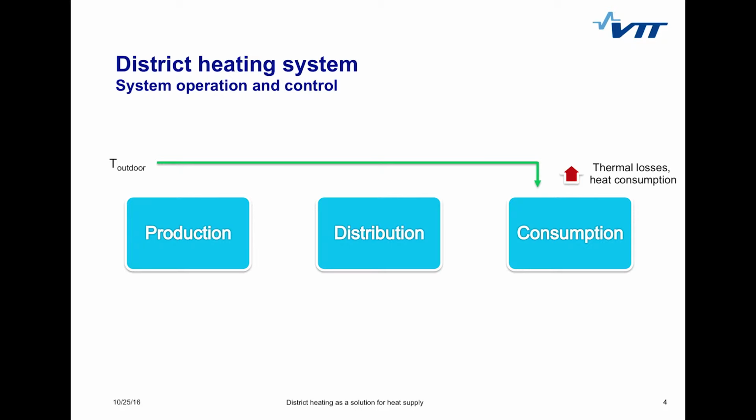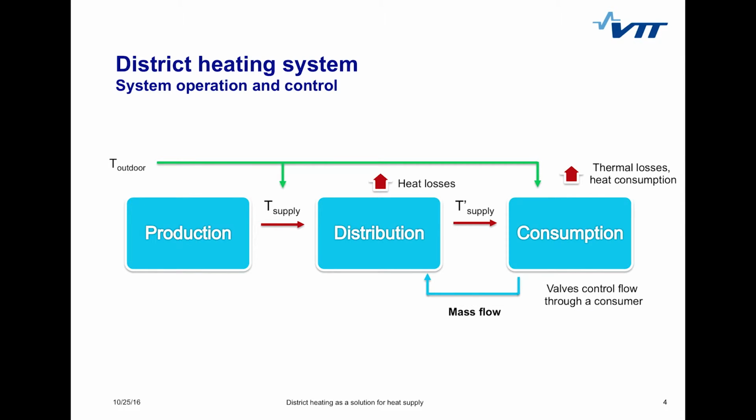This internal circulation is referred to as the secondary side, as opposed to the district heating network, which is referred to as the primary side. Outdoor temperature also often is used as an input for controlling the supply temperature at the production plant. In cold weather, higher supply temperatures are used. There are always some heat losses in the distribution network, so the supply temperature experienced by a consumer is lower than at the production plant.